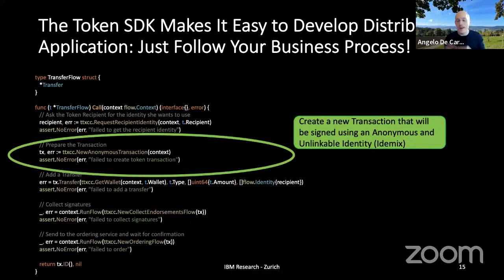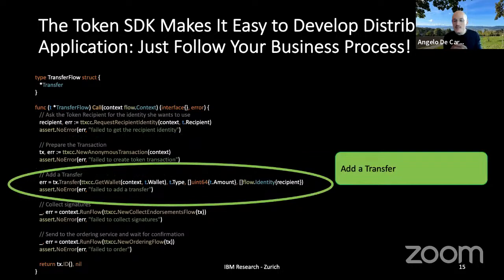Then Alice says, okay, I need to prepare an anonymous transaction because I don't want to leak anything about who is the creator of this transaction. In this token transaction, I want to perform a transfer of tokens of a certain type that come from a certain wallet, for a certain amount, and I want to give these tokens to Bob.